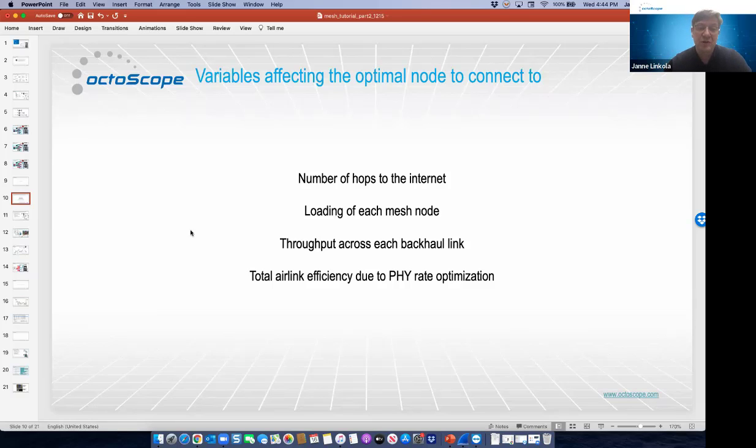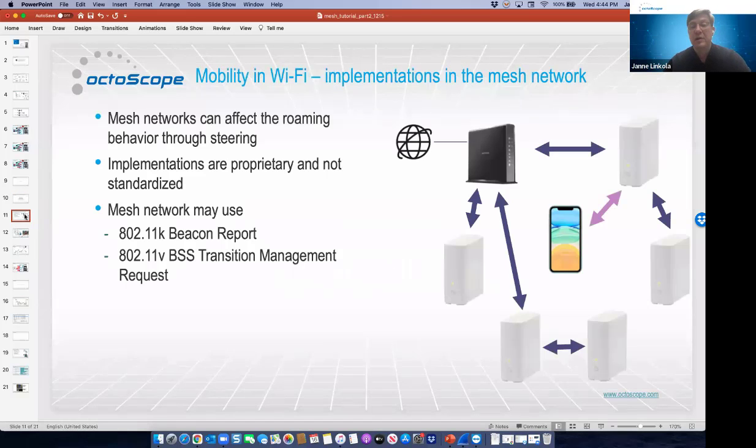So there are all these considerations, and a simple RSSI-based roaming algorithm, traditionally implemented in stations, is not going to capture much of that complexity.